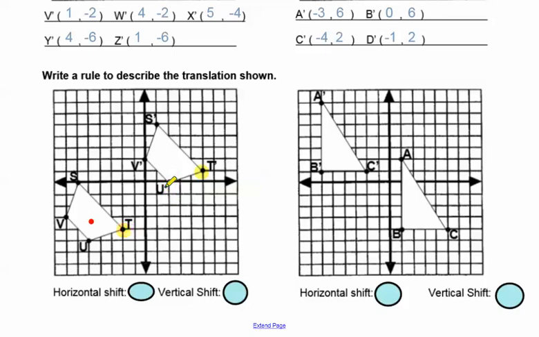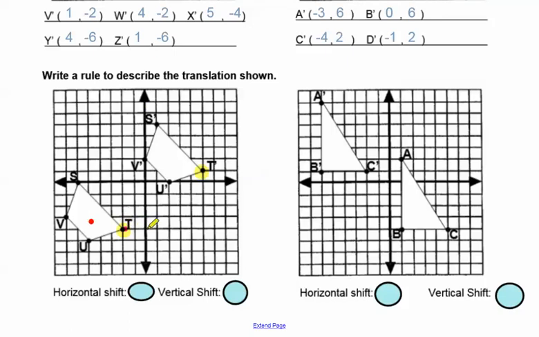We have to look at the same spot on each figure. So I'm going to look at this corner and that corner to figure out what our translation is. We start here on our pre-image, and I'm moving to the right.